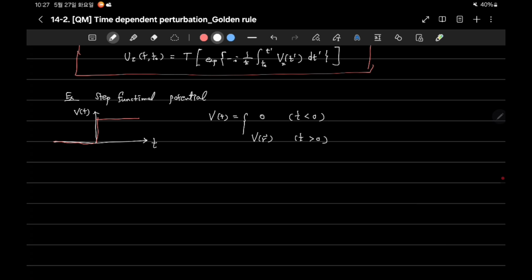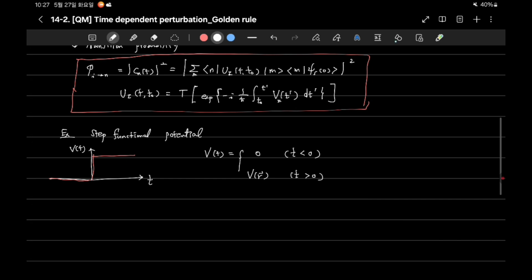The potential suddenly appears. That is the step function of potential in time. It is time dependent, and at some time the potential suddenly appears.